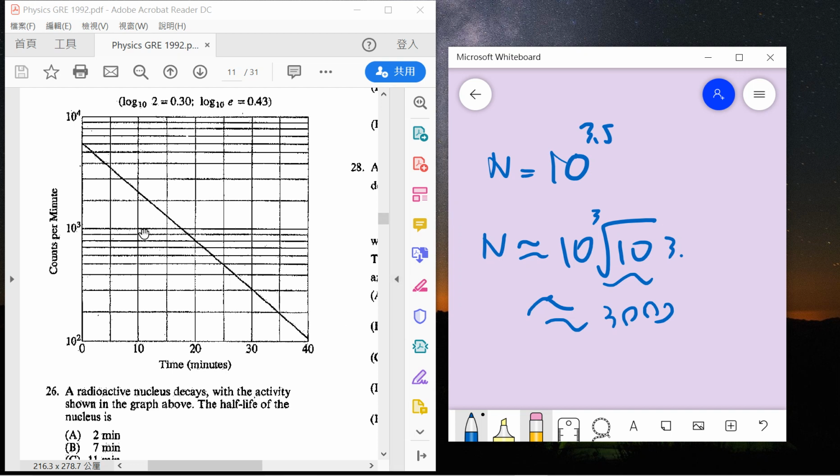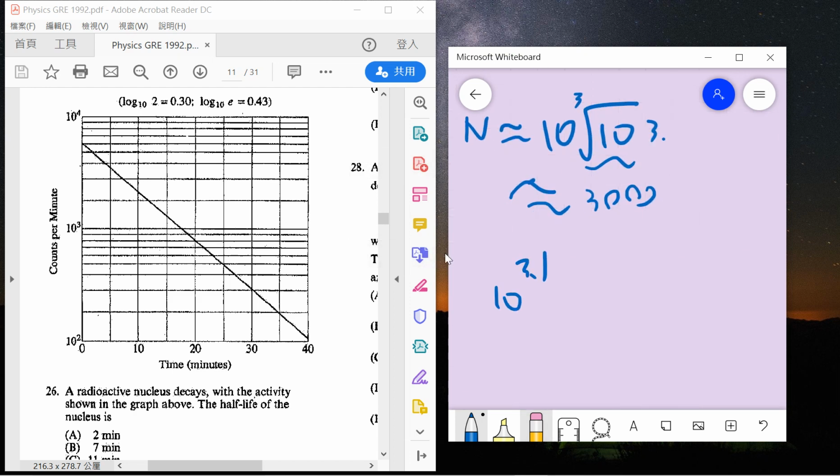So probably this one. This is 1000, so this is 3.1. All we need is to calculate this one. Actually, I don't know how to compute this one exactly, but you know it should be three. Let me compute this. The problem gives you some formula which you can use.